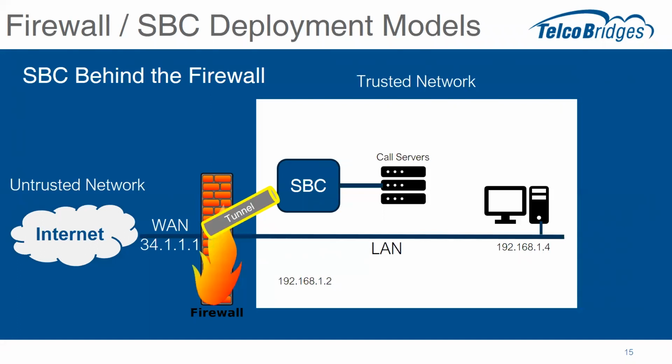The RTP traffic goes through that tunnel, and the firewall won't really be able to protect or manage those ports, right? So everything will be passed to the SBC, and the SBC will still have to do the firewall job of protecting against the traffic that is open through the tunnel there.